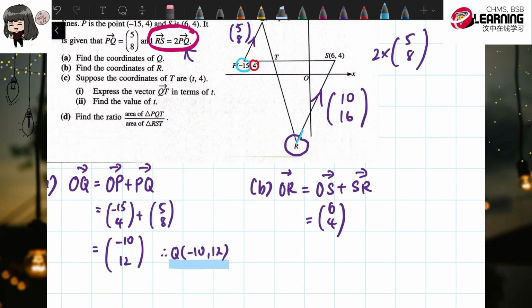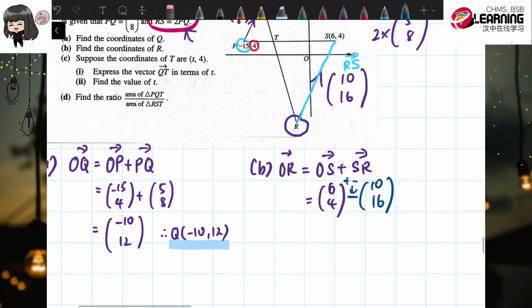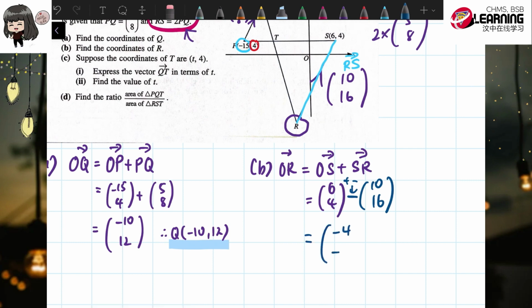You see the arrow going this way, so this is RS. For SR, just add a negative in front. So it becomes minus (10, 16). Plus minus becomes minus. So you will get -4, and 4 minus 16 is -12. So your coordinate of R is (-4, -12).